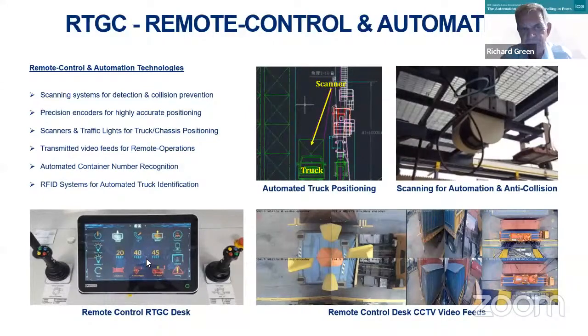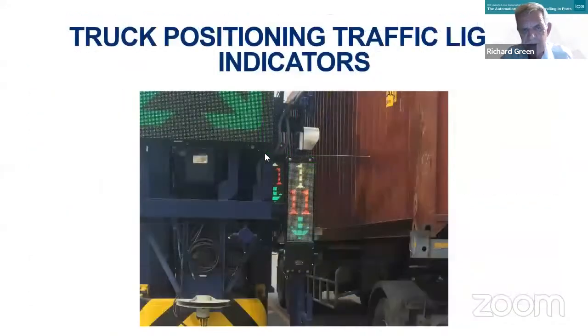So very simple and easy to use, and we have a tannoy system where the operator who's operating the RTGC can speak directly to the truck operator if he needs him to maneuver manually for any reason. We're just introducing a system of traffic lights, traffic indicators in the truck lane.